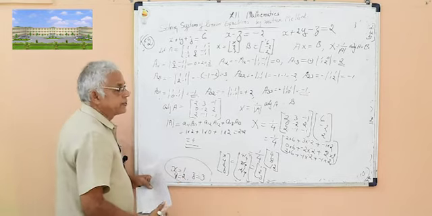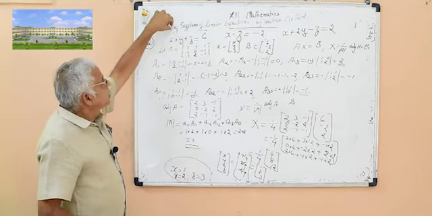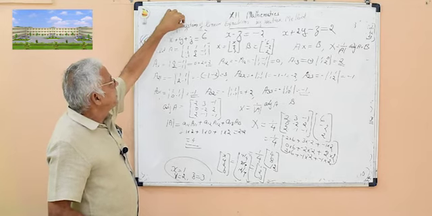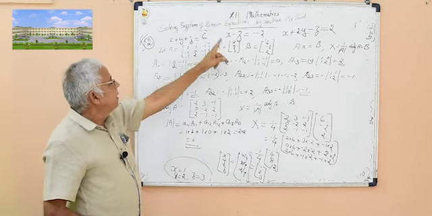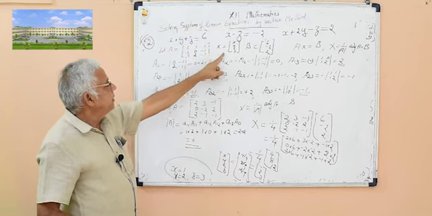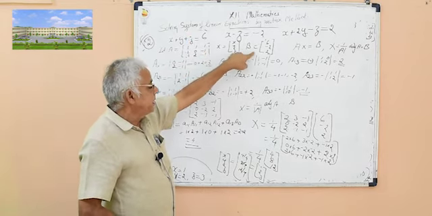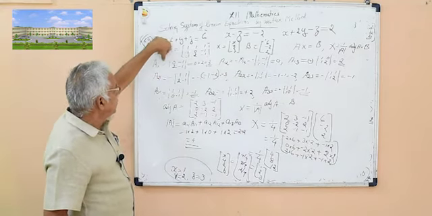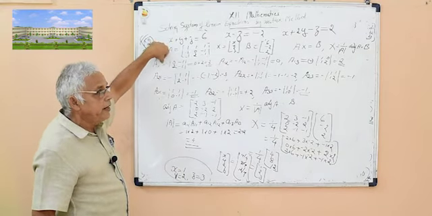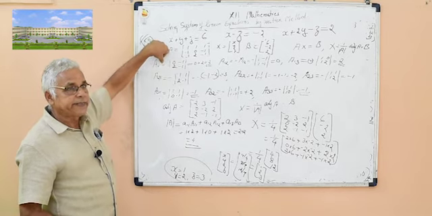This is the answer. So we solve by the matrix method three linear equations in three variables, given the coefficient matrix A, variable matrix X, and right hand side constant matrix B. Then find the adjoint of A using 9 cofactors.